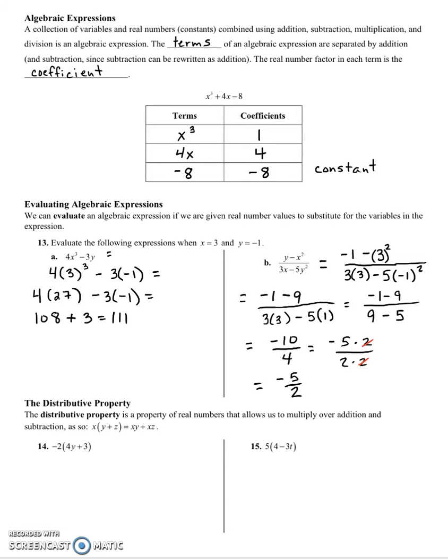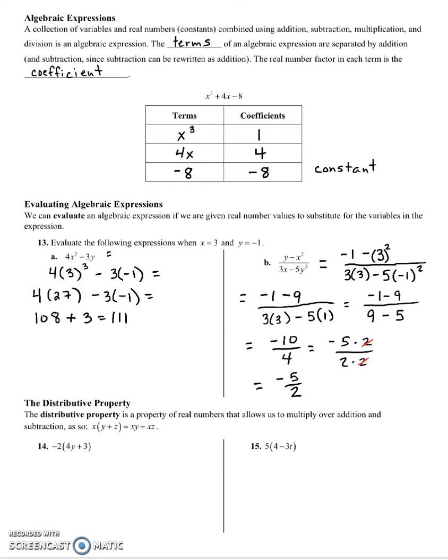Okay, so that's how we evaluate algebraic expressions when they give us values for the variables. Now we need to talk about the distributive property. The distributive property is a property of real numbers that allows us to multiply over addition and subtraction.